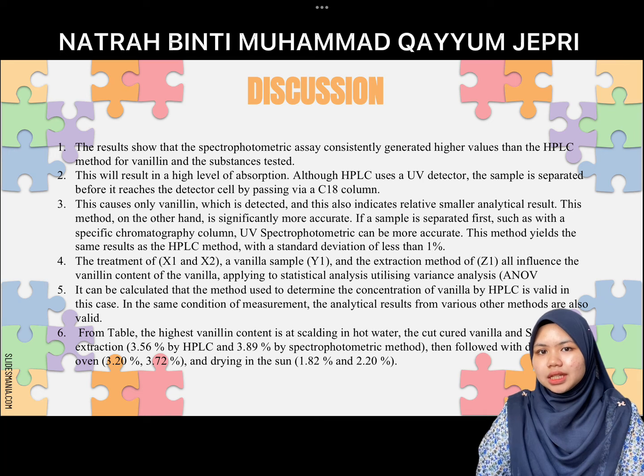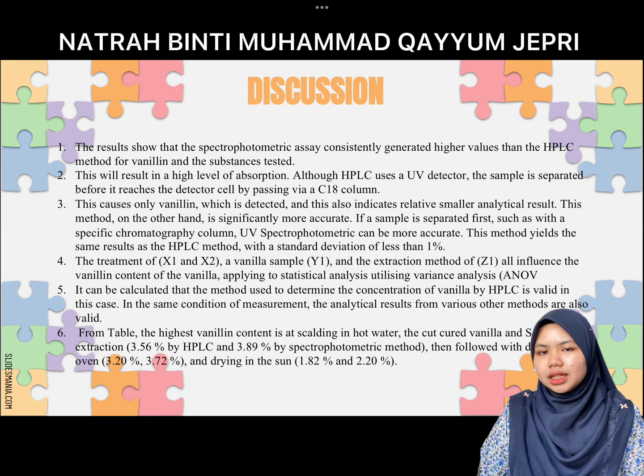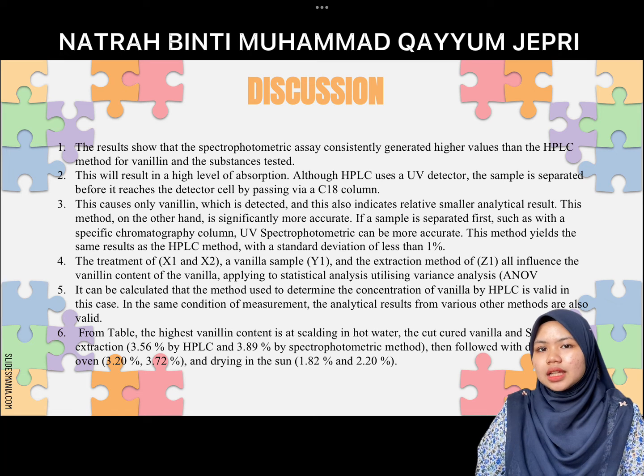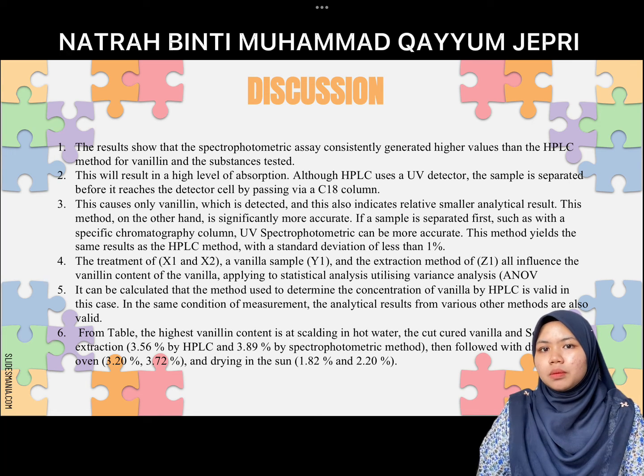Although HPLC uses a UV detector, the sample is separated before it reaches the detector cell by passing via a C18 column. This causes only vanillin to be detected, which also indicates a relatively smaller analytical result. This method, on the other hand, is significantly more accurate. If a sample is separated first, such as with a specific chromatography column, UV spectrometry can be more accurate.